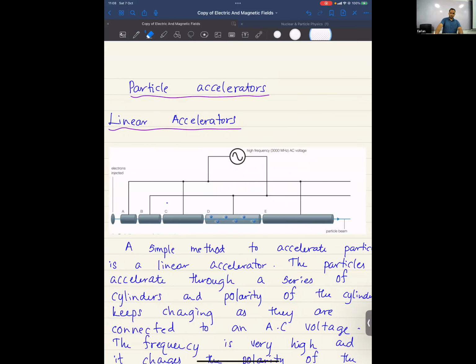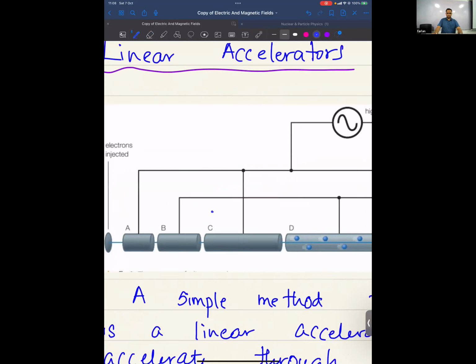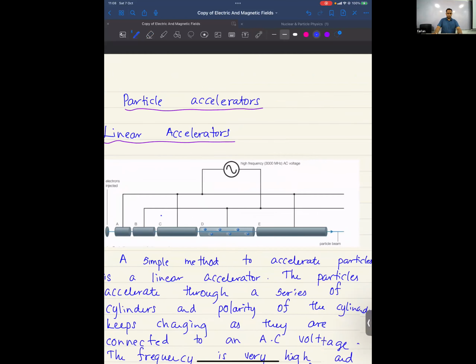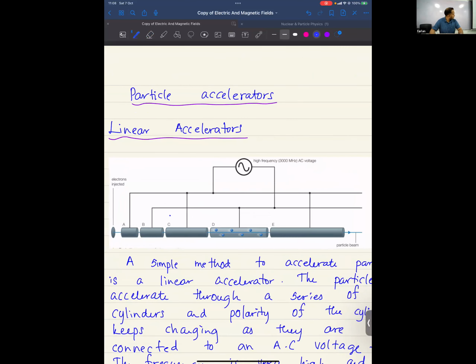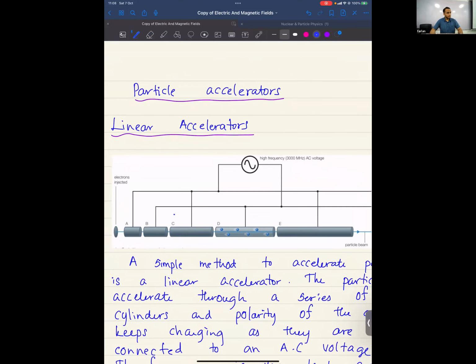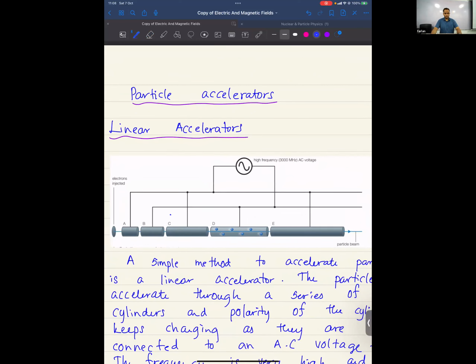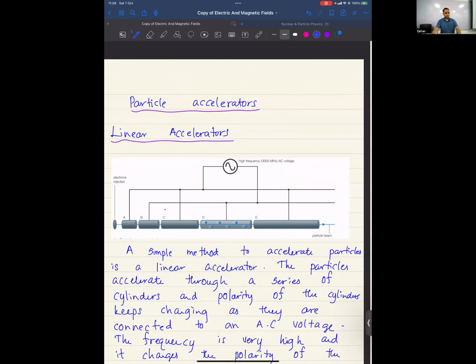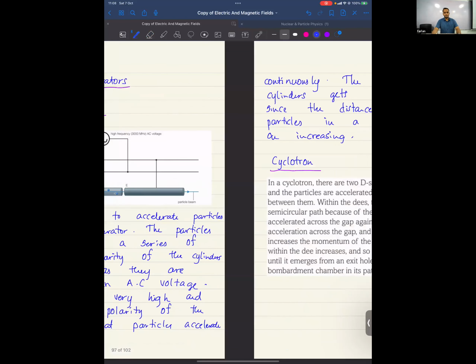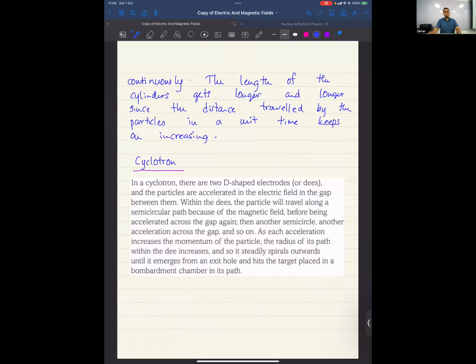I think it's better if you can draw it just for once. What's that S sign? That is the alternating power supply, right?